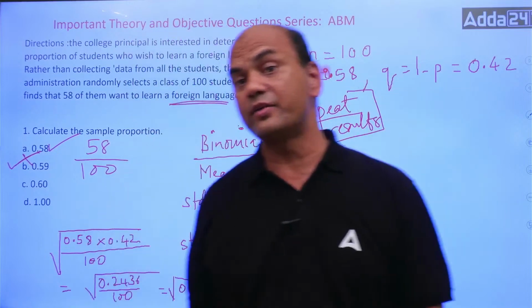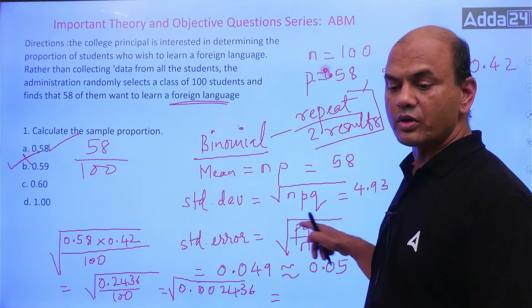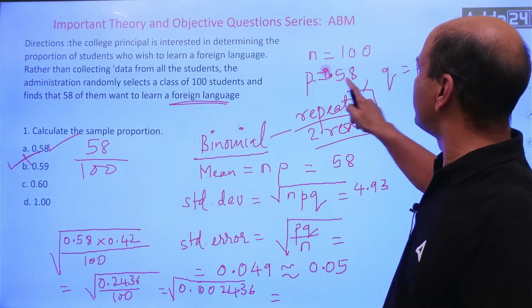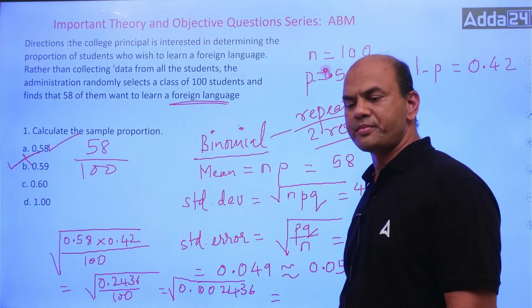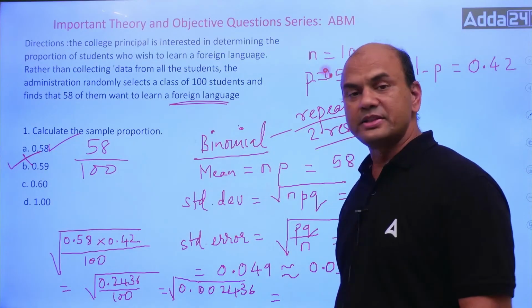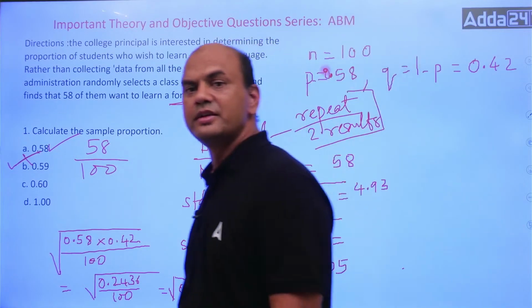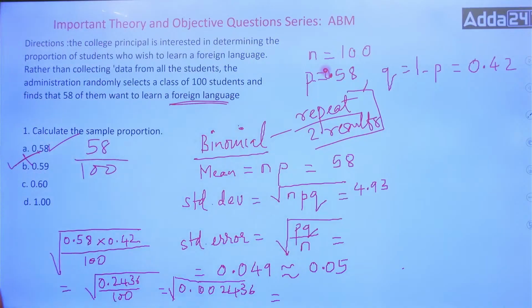And what is the standard deviation then? Square root of NPQ. So square root of, multiply this, 100 into 0.58 into 0.42. Multiply this and get the square root. Let me see. Are you getting the same answer? Give me in the comment section, everyone.